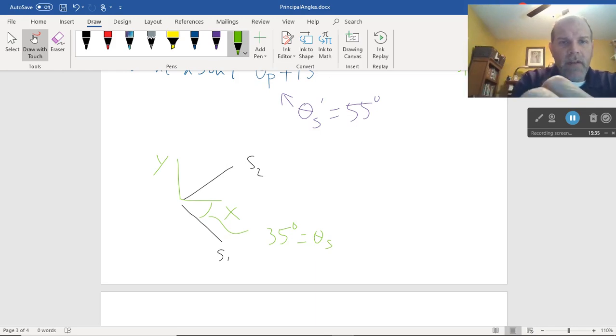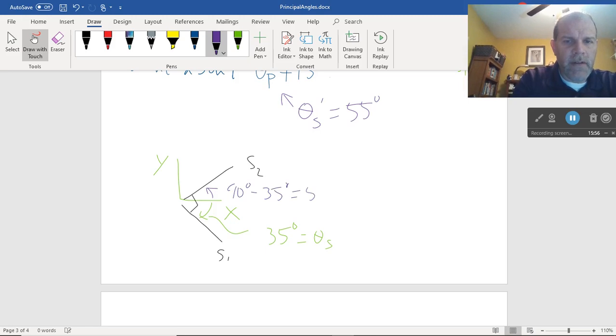Well, remember, this in the corner here, I'll use black, that's a right angle. So this angle here, I'll put an arrow on the green one as well, that angle is, of course, 90 degrees minus 35 degrees, and there's your 55 degree rotation.